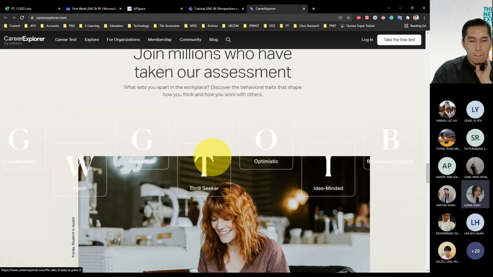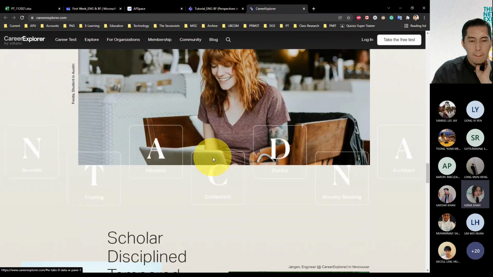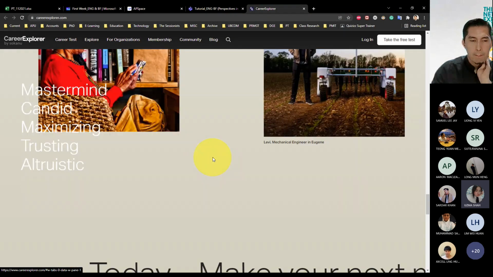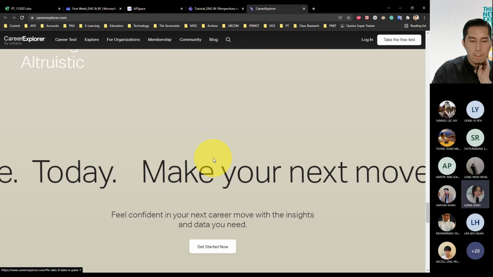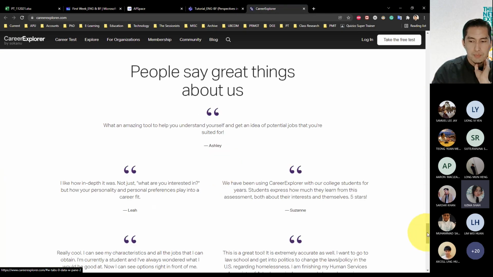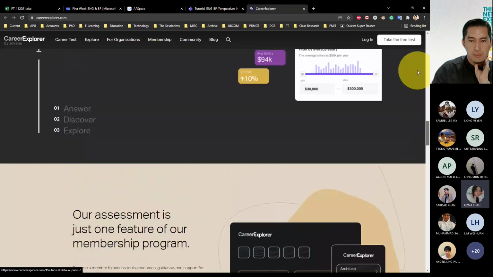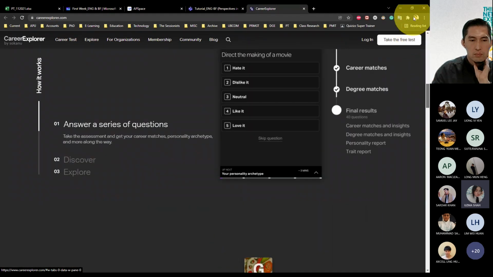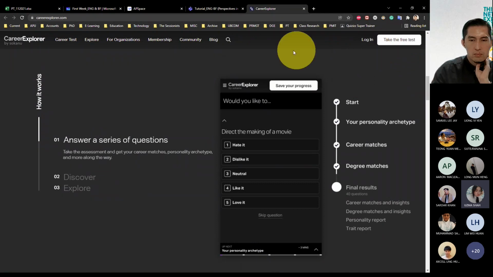How accurate is this? I'm gonna say on a scale of 1 to 10, maybe a 7. It's accurate in terms of figuring out your personality, and it helped the majority of us, me and my friends back in high school, decide what we wanted to take in uni, what type of course we wanted to take based on the degrees and the careers that we were matched to after taking the test.